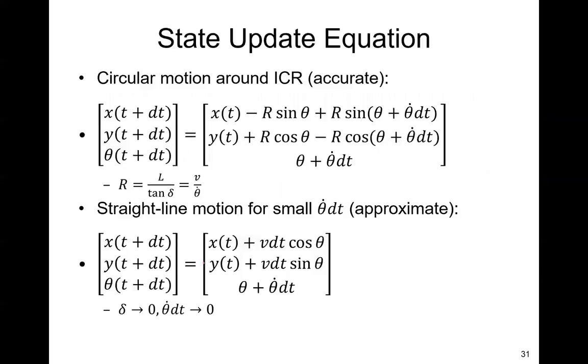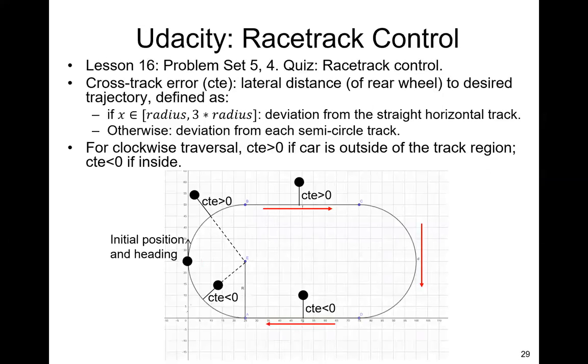So if you look at the track, the vehicle is turning in a clockwise direction, and if it's here, it should turn in this direction to go back to the track. If it's here, then it should turn in this direction. In both cases, if you're outside the track, then you should decrease the turning steering wheel angle.